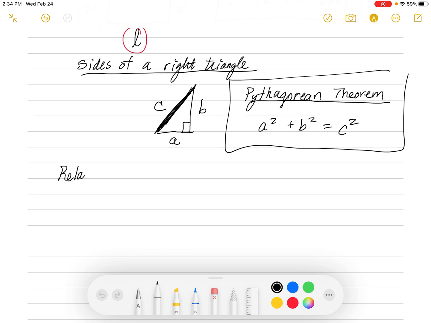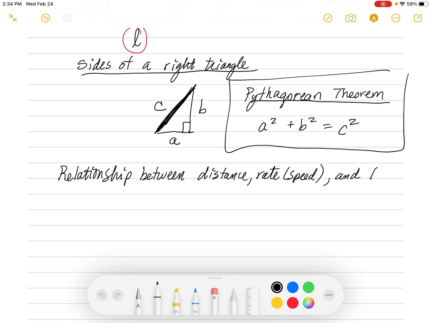You're talking about the relationship between distance, rate, which is speed, and time. This is a common idea that shows up a lot in math. So what's the relationship between distance, rate, and time?